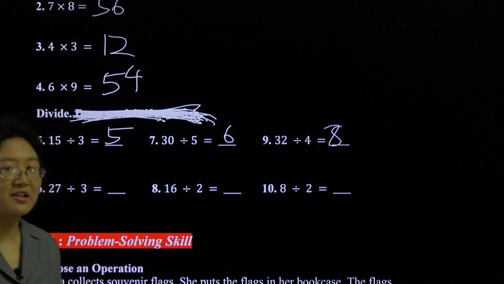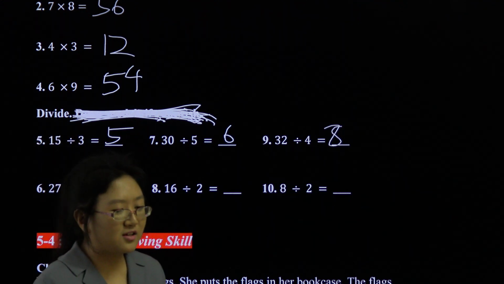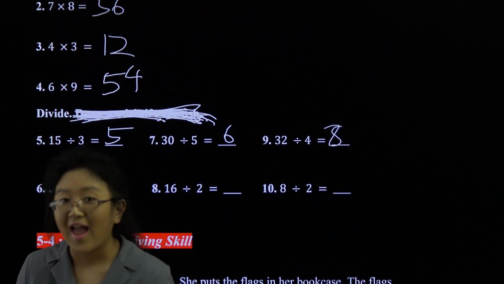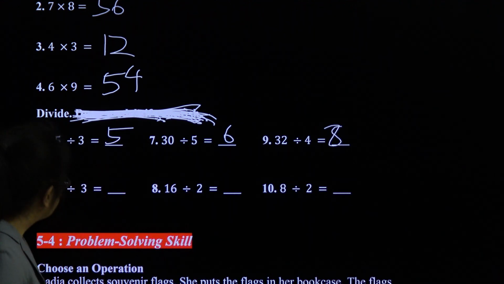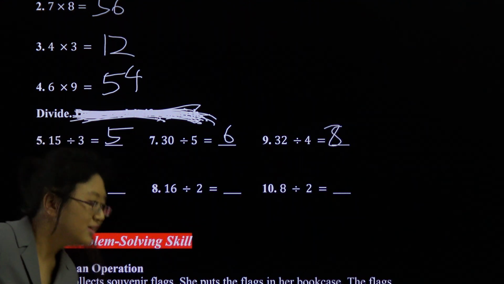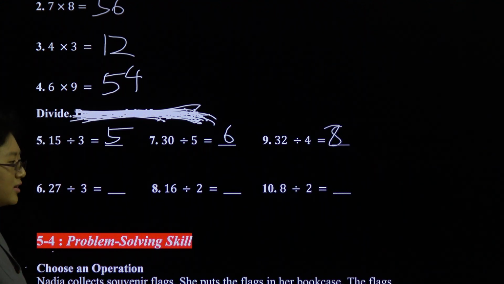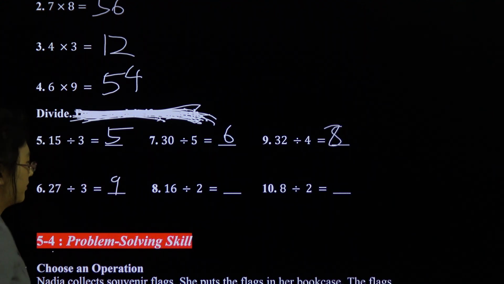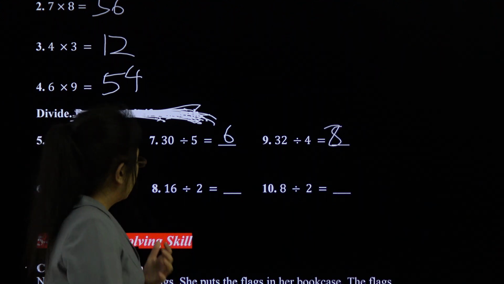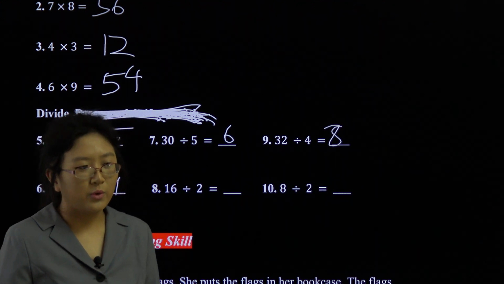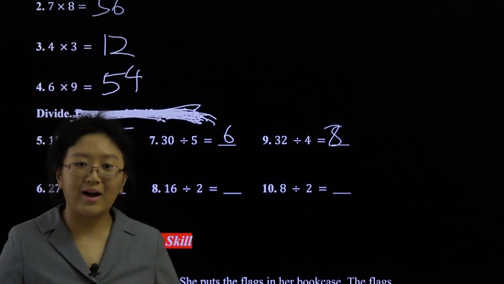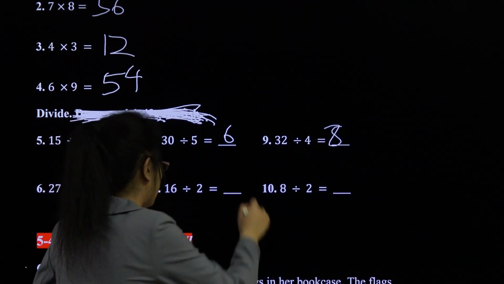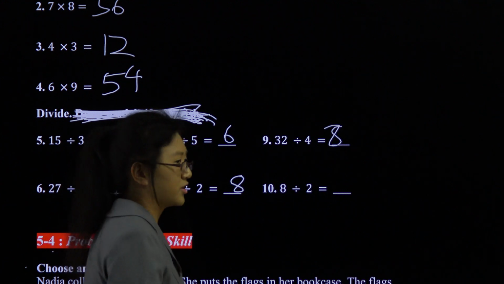You continue your sitting down and continue to peruse, and you get that 3 times 9 equals 27. So 27 divided by 3 equals 9. 16 divided by 2. You suddenly remember that 2 times 8 equals 16, which means that 16 divided by 2 equals 8.